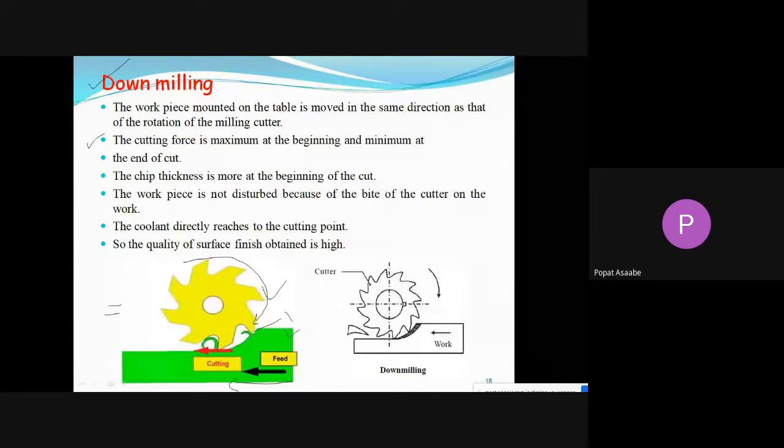Okay, and in down milling, the thickness of the chips generated initially is more, and at the end the thickness of the chips is smaller. Here you can see we can easily pour the coolant on the cutting edges, so it will produce a good surface finish. It means down milling will produce a good surface finish.